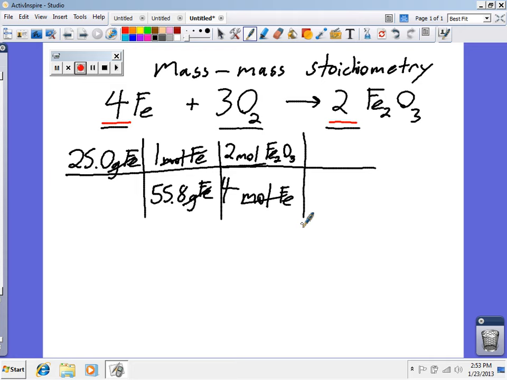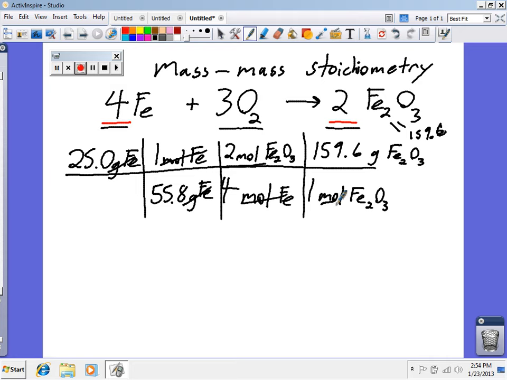That's a nice interruption. The molar mass of iron oxide is, if we look on the periodic table, 159.6 grams per mole. So 1 mole of iron oxide on the bottom and 159.6 grams of iron oxide on top.